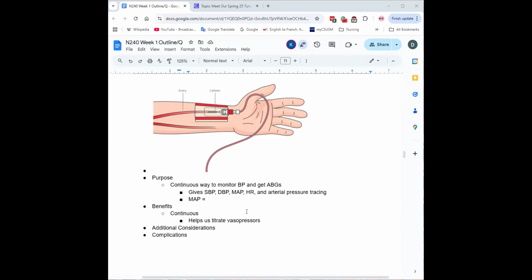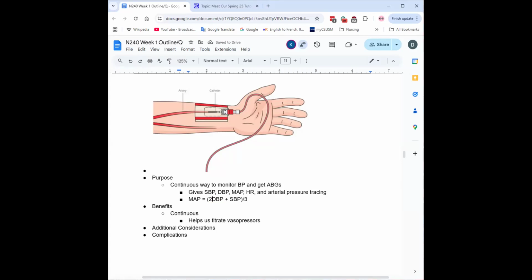Isn't it 1 systolic and 2 diastolic? You add those and divide by 3? Yes. So diastolic blood pressure times two plus systolic blood pressure, all divided by 3. You're going to do this a few times in your test, so do not forget how to do this, because you will use it.